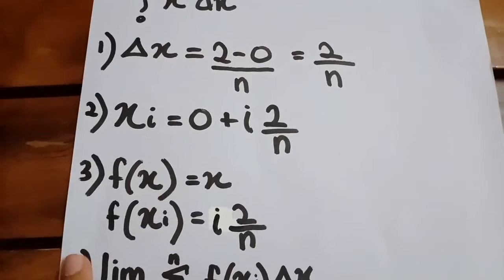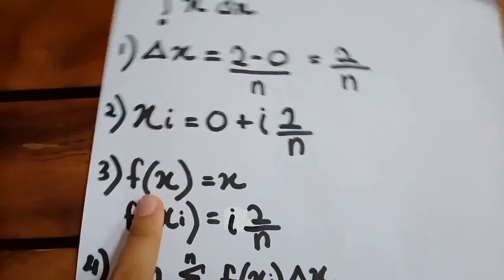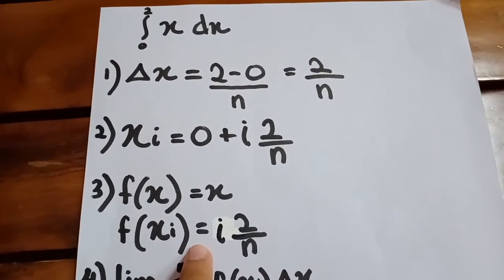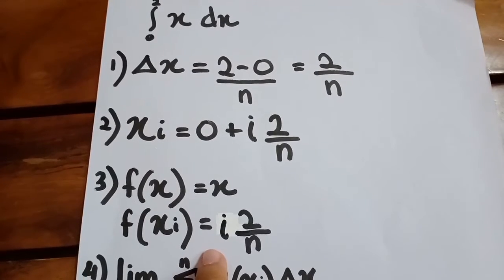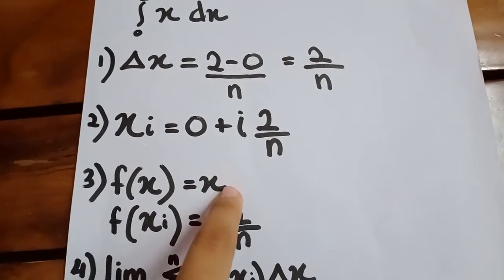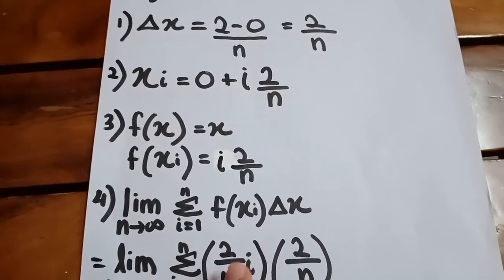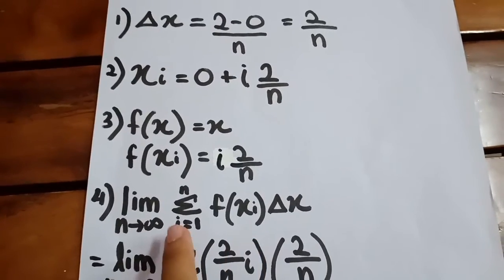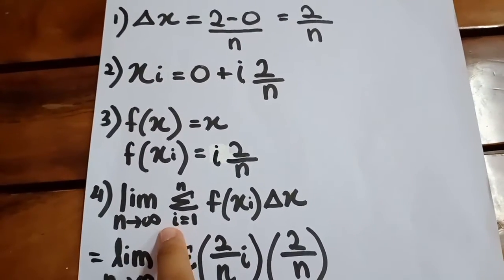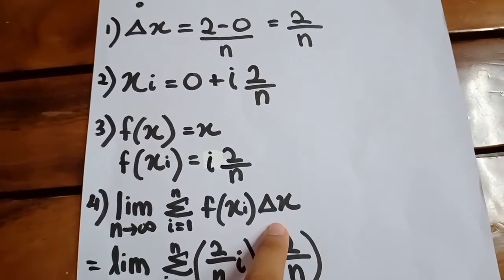The third step is we need to find f(xi). We know f(x) is equal to x, so for f(xi) we substitute the xi above into the x. The fourth step is we need to use the Riemann sum, which is the limit as n approaches infinity of the summation i equals 1 to n of f(xi) times delta x.